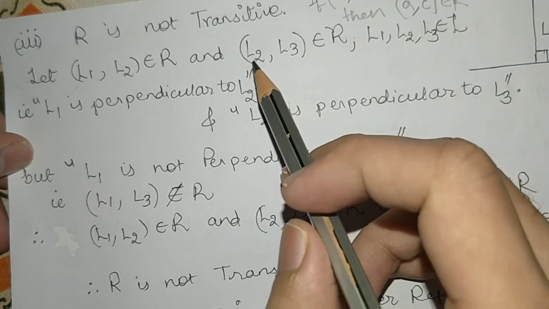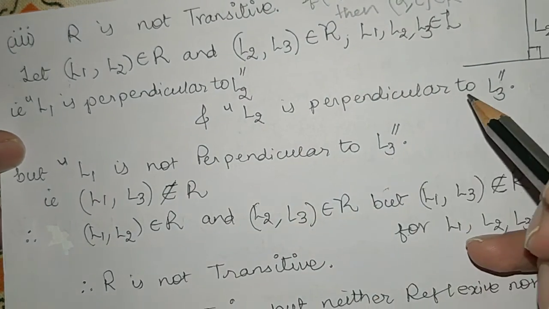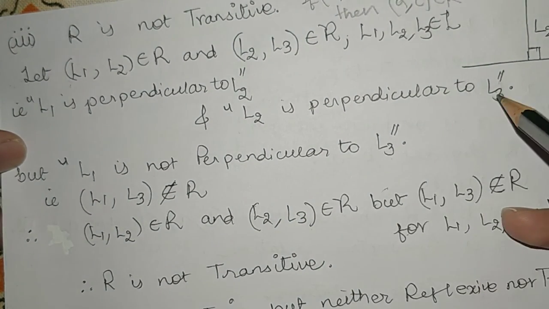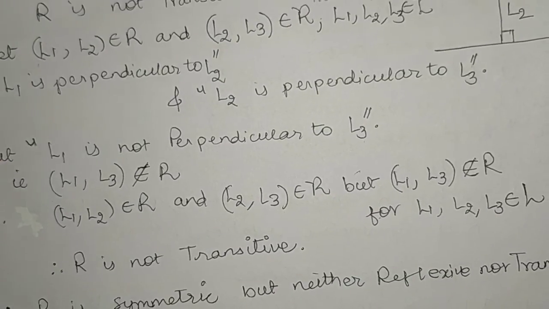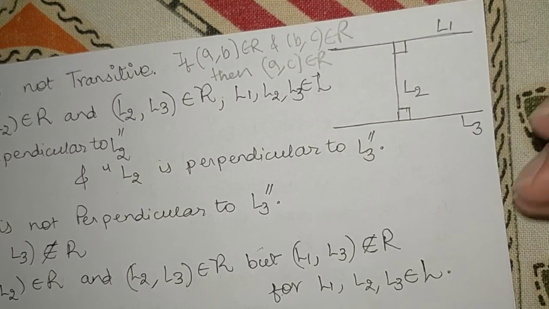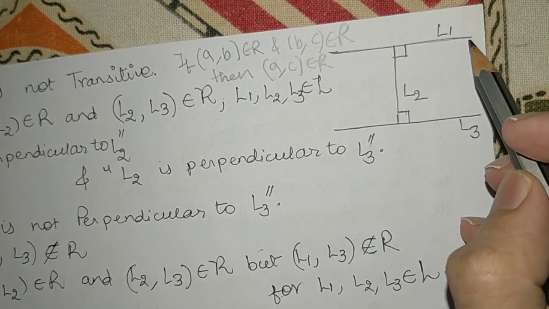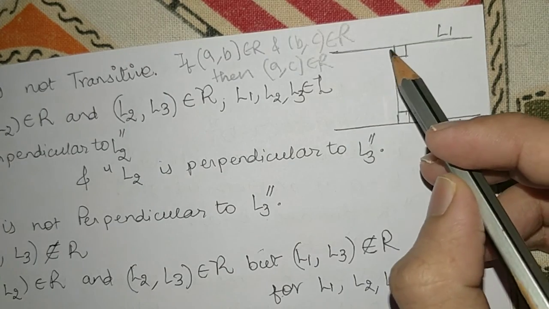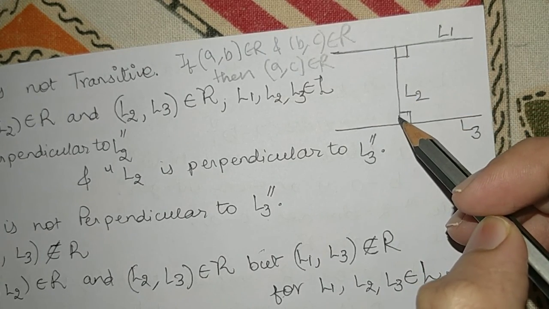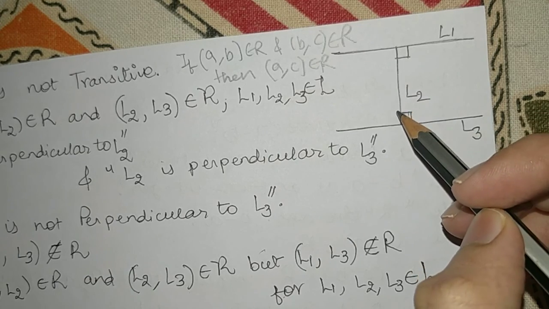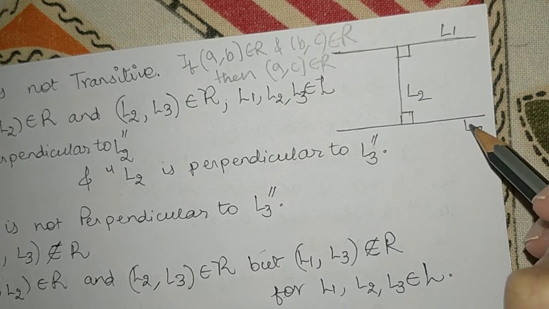And L2 comma L3 belongs to the set R, means L2 is perpendicular to L3. So we will have a diagram in this way: L1 is perpendicular to L2 and L2 is perpendicular to L3.